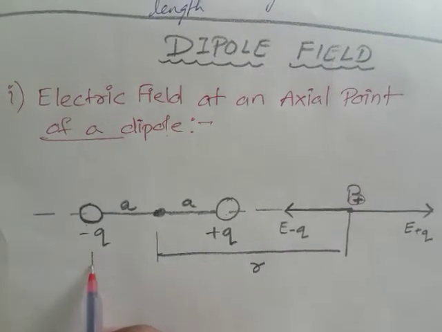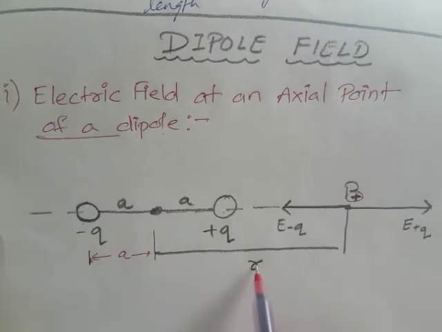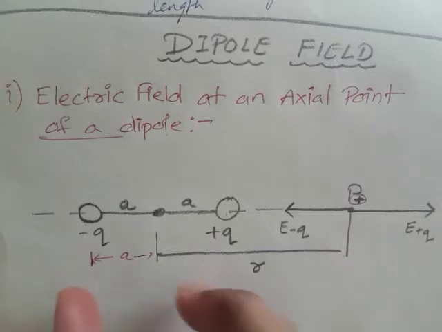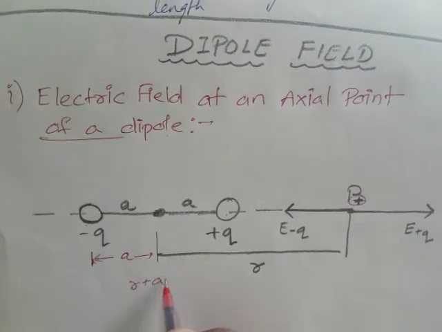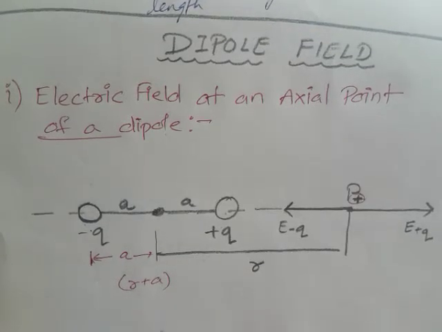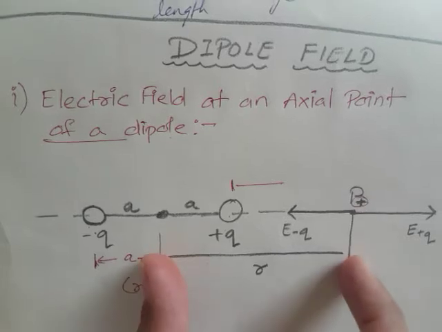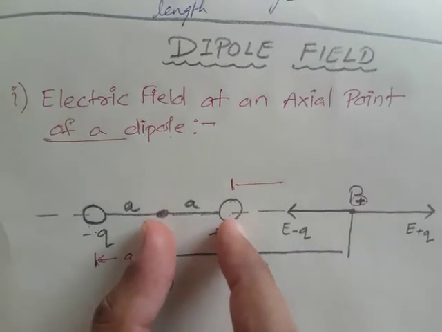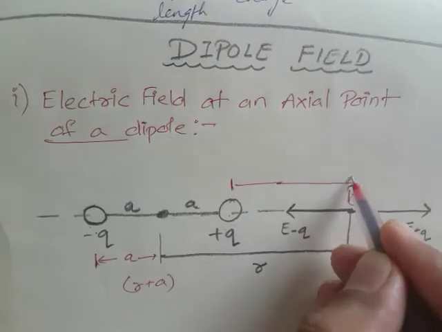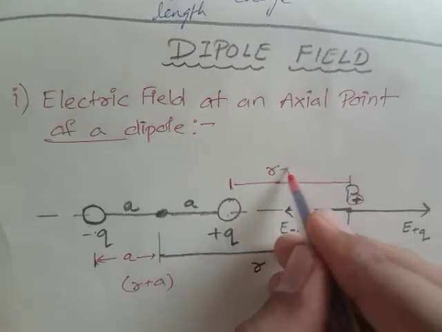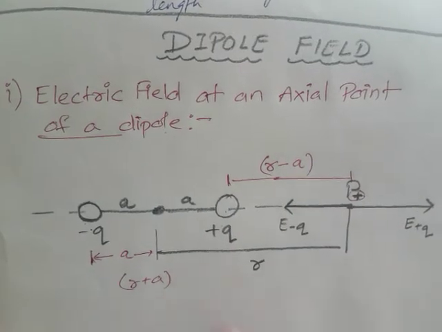If we consider the negative charge, this small a will be added to r, so the total distance is r plus a for the negative q charge. For the positive charge, from r we subtract a, so we get r minus a.